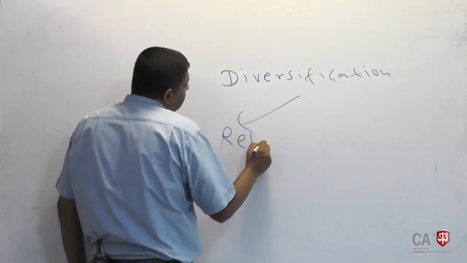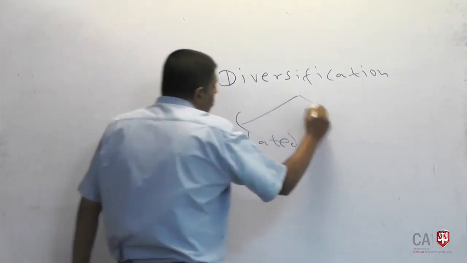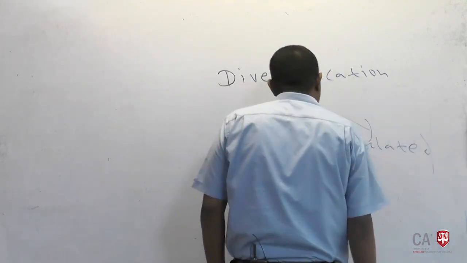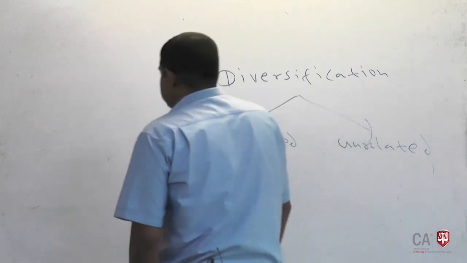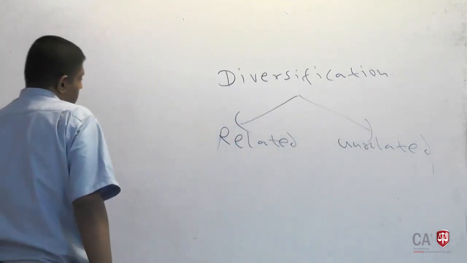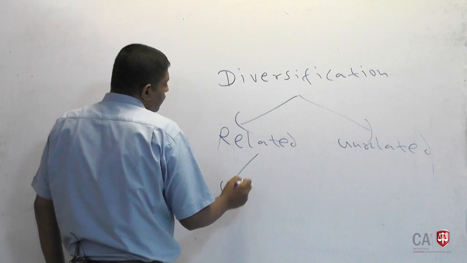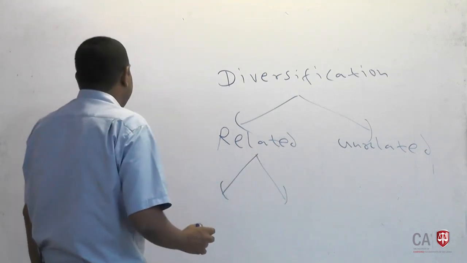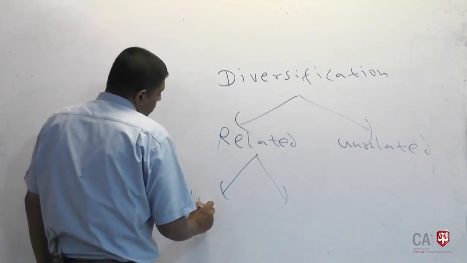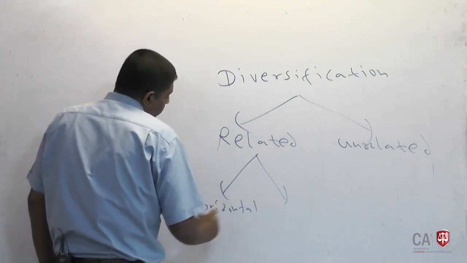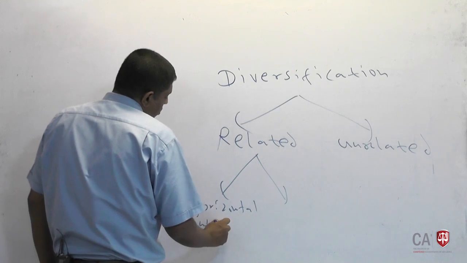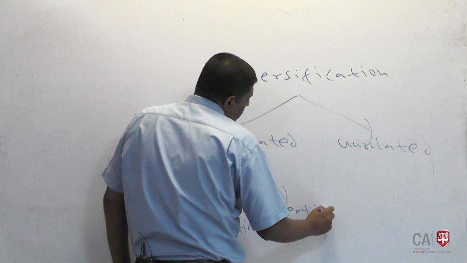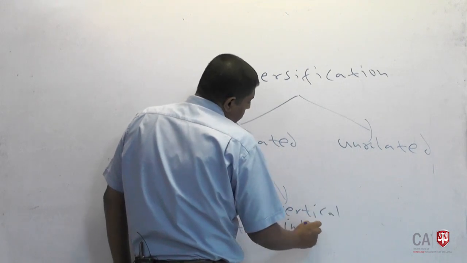Diversification can be related diversification or unrelated diversification. Within related diversification, we can find two options. The two options are horizontal integration or vertical integration.